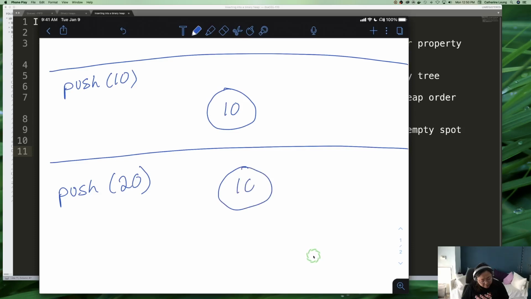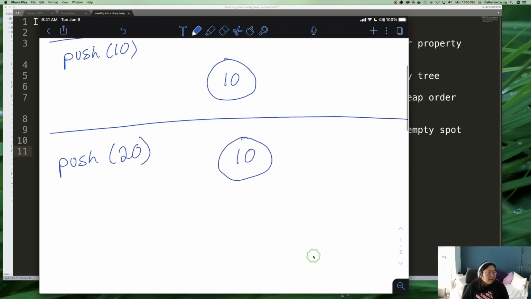So 10 is here. Now we begin by basically saying, okay, let's add a node so that the tree stays complete. So pause the video, draw the node in for yourself. Okay, so if you drew the node over here, then you did it correctly. Actually, I did that too fast.